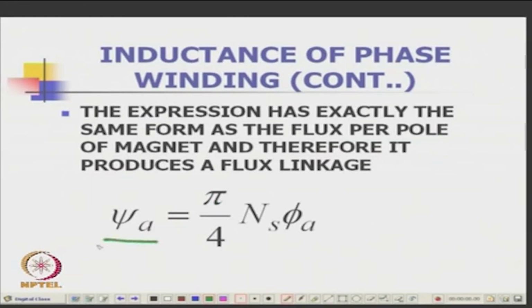And the flux linkage is given by the flux per pole times 4 by pi ns, because it is not just the total number of turns, but there is a factor which comes into the picture. The expression has exactly the same form as the flux per pole of the magnet, and therefore, this is the flux linkage.